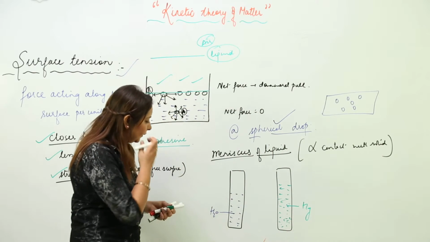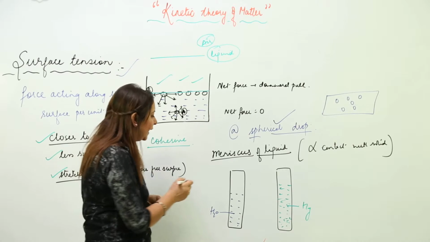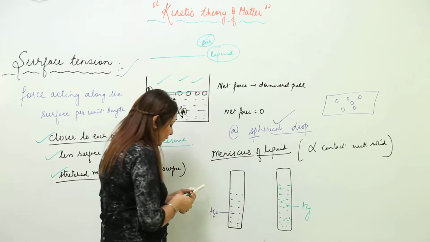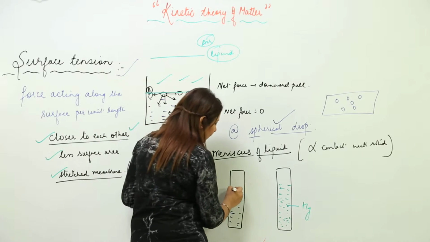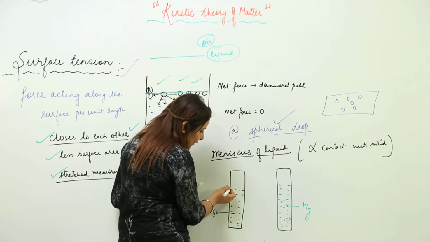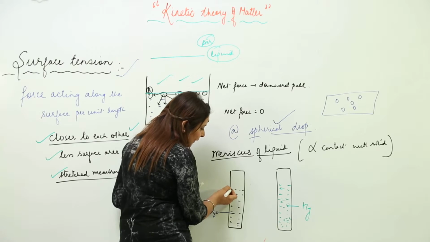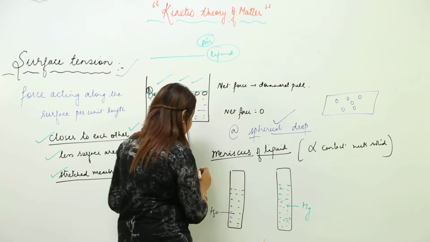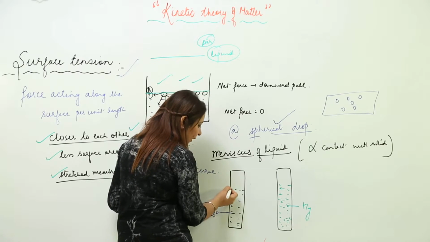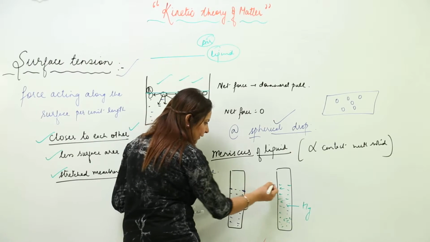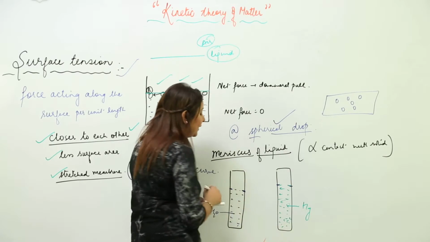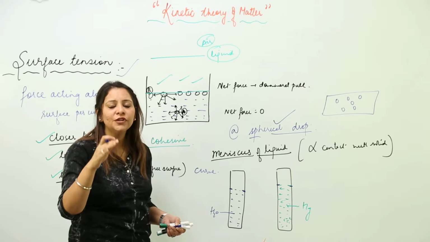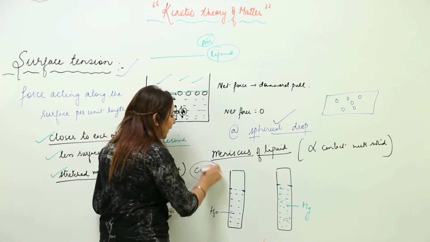If you put mercury and water in two different tubes, you will see that at the point where the liquid and the solid come in contact with each other, there appears a slight depression or a slight curve-like structure. At this point where the liquid comes in contact with the solid, the upper surface tries to acquire a curve-like structure.